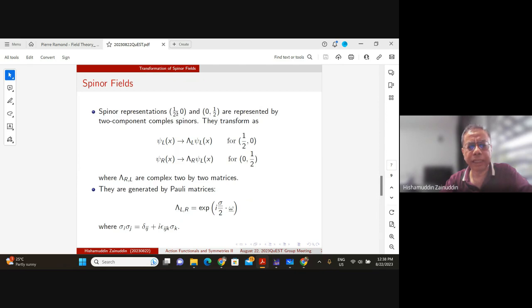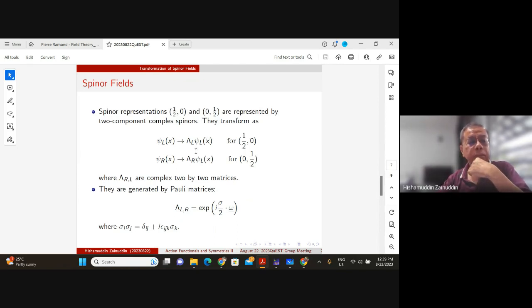Remember previously it was n, m, so that you can have n equals half, m equals 0, and also the other way. Sorry, I did all this this morning, so that is supposed to be complex. So there will be a left-handed spinor and a right-handed spinor.